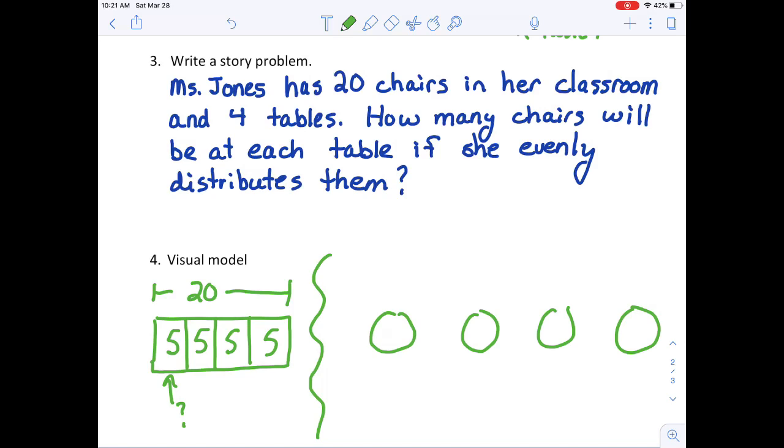If I don't know the answer yet, I would start counting the chairs. 1, 2, 3, 4, 5, and so on up to 19 and 20. And I can see that I have 5 chairs at each table.